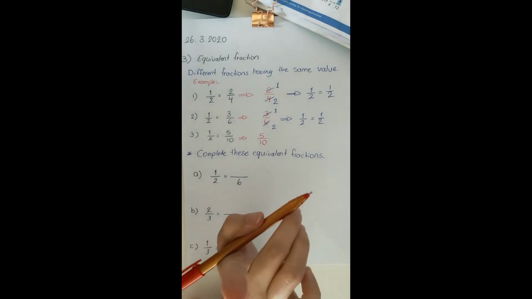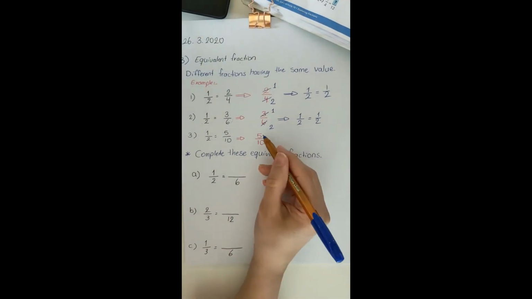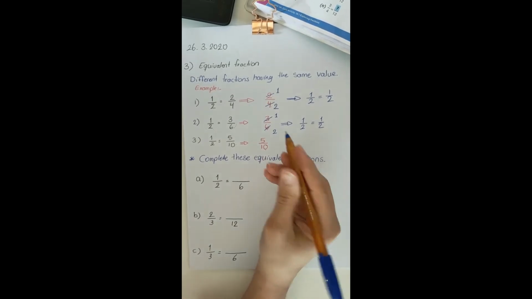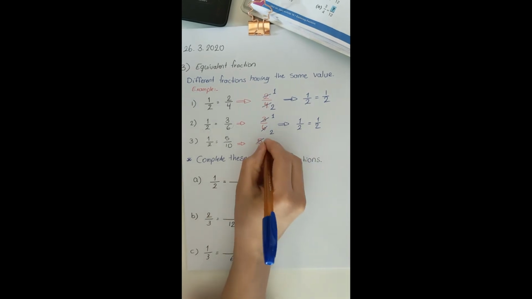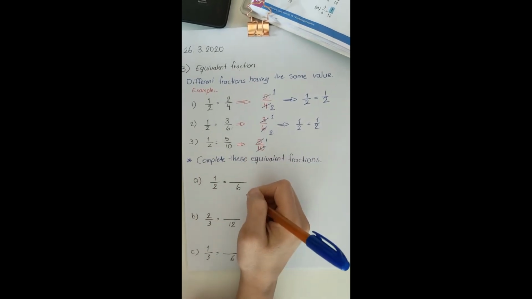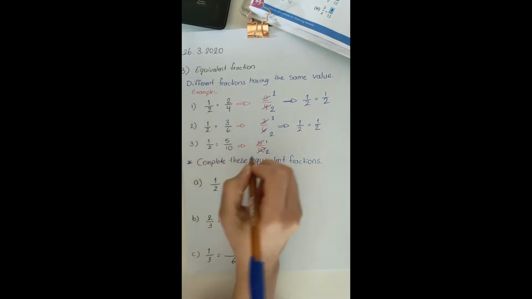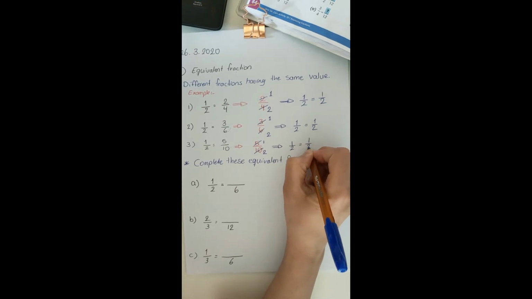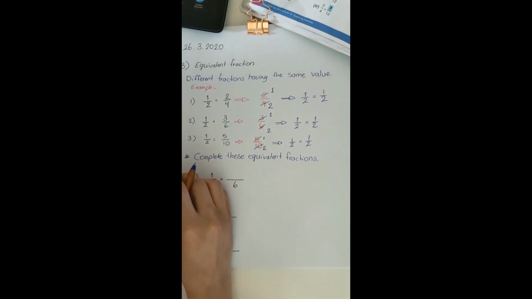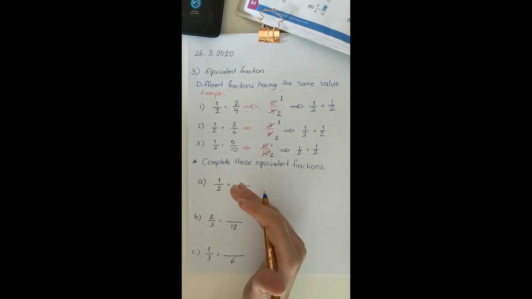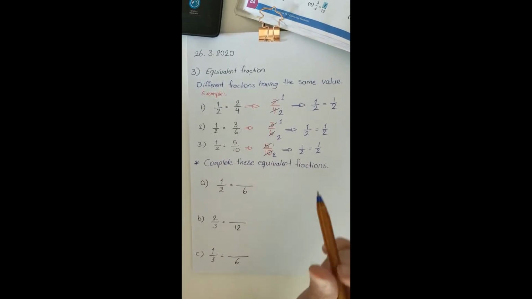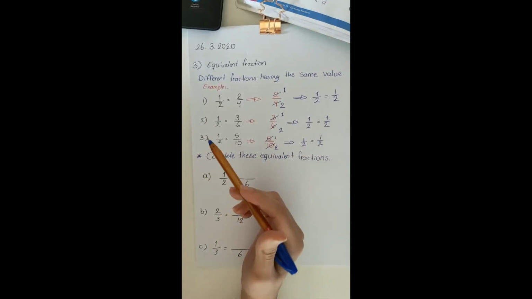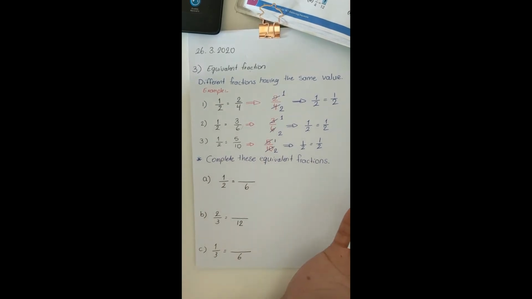It should be only one number. 5 and 10 can be both divided by 5. 5 divided by 5 is 1. 10 divided by 5 is 2. 1 over 2 equal to 1 over 2. Now, from solving these examples, I understand if I simplify bigger fractions, I might get another fraction that both have the same value.